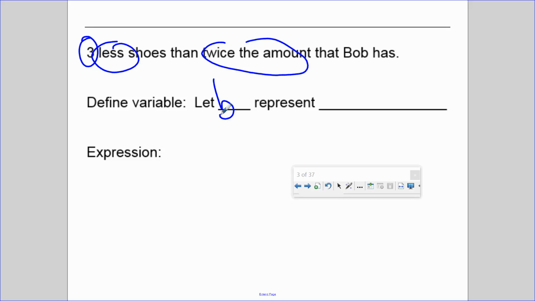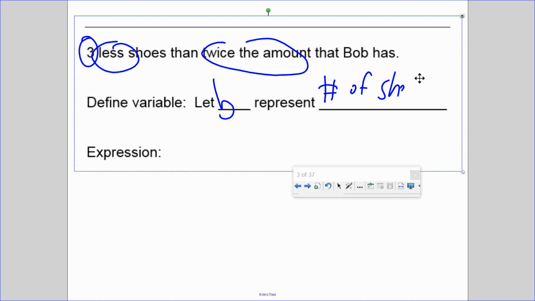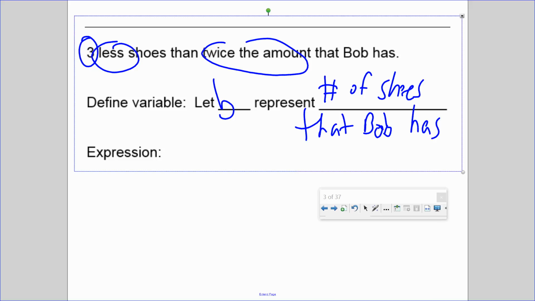No. Let's let B equal the number of shoes that Bob has. So we do not know how many shoes that Bob has. So it's 3 less shoes than twice the amount that Bob has.